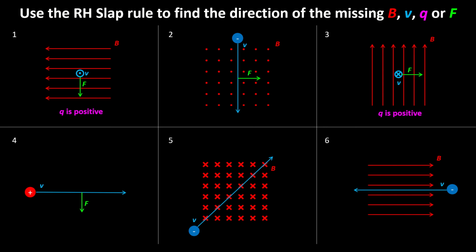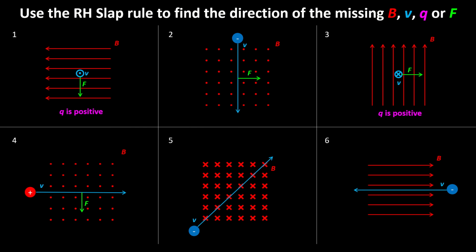Number 4, we've got a positive particle moving to the right, so thumb has to point to the right, and it's a positive particle, so I want to know what the palm is doing. The palm needs to face down because that's the direction of the force, and when I do that, my fingers are pointing towards me, so the magnetic field is coming out of the screen.